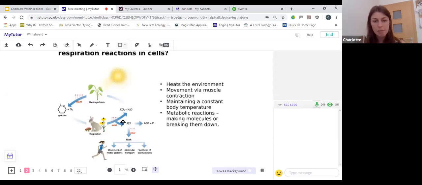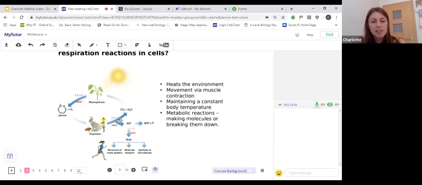It's ATP that provides the energy to do that, and it does that through a reaction where it breaks down into something called ADP and P. You will learn more about that at A-level if you're going on to A-level biology. For now, you don't need to know the specifics of that. You just need to know that ATP is how energy is expressed.